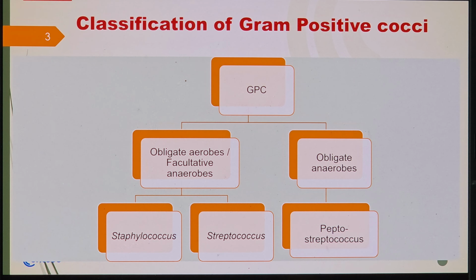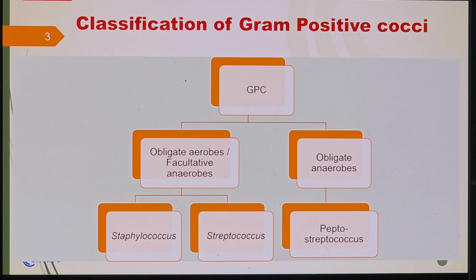Classification of gram-positive cocci. They are classified based on their oxygen requirement. First divided into obligate aerobes and facultative anaerobes, then obligate anaerobes. What do you mean by obligate aerobes?